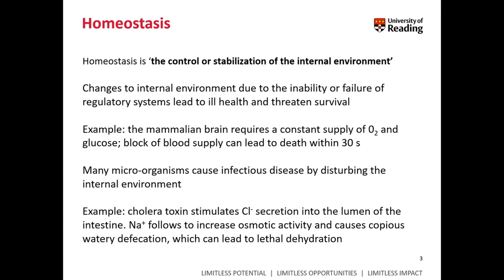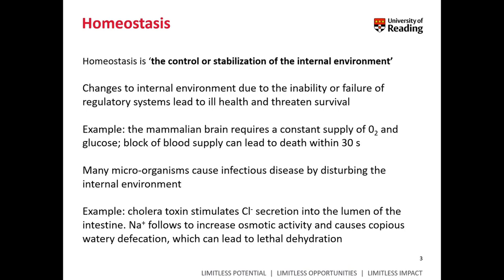The alteration in chloride secretion into the lumen of the intestine is caused by the El Tor strain of the cholera bacteria, Vibrio cholerae. Vibrio cholerae exists in the El Tor variant, and this variant contains a process which alters the chloride secretion in the lumen of the intestine.